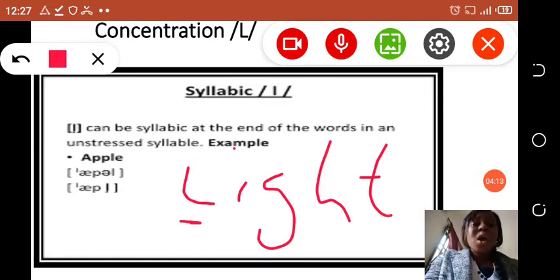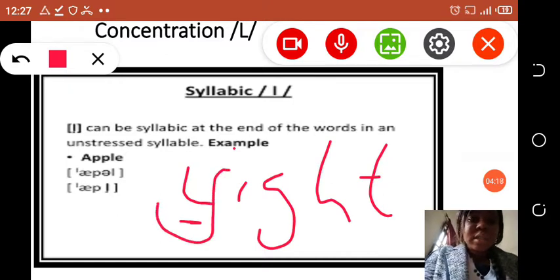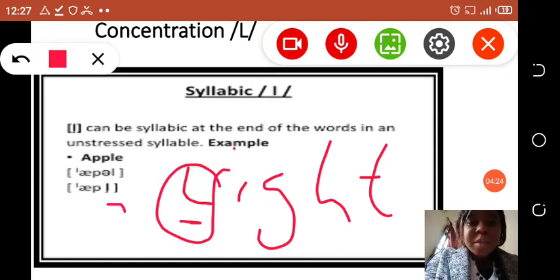Why? It comes at the initial position of this word. It is a consonant here. But in the case of the word apple, it comes at the end here, especially after a schwa sound. It is a syllabic consonant.